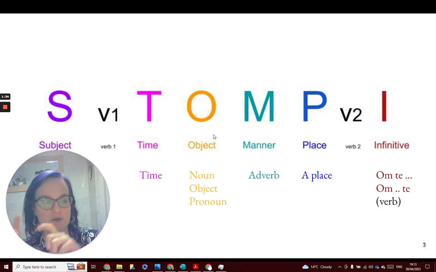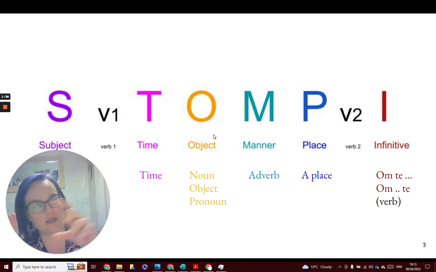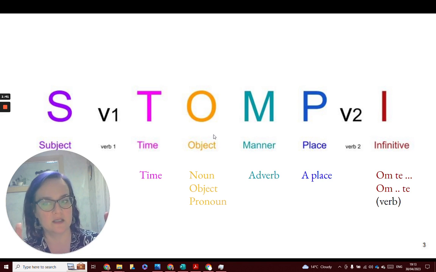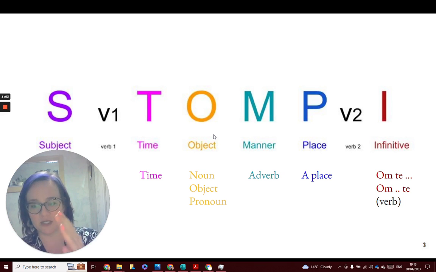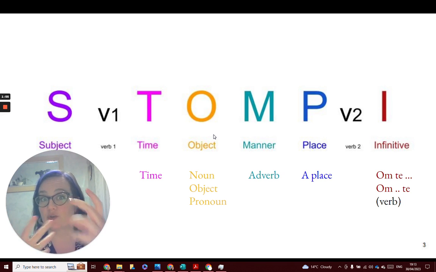And I want you to notice with STOMPi, every part of STOMPi doesn't mean just one word. It can mean a few words. Like subject, die kinders, could be 2 words, the children. Die groot kar, the big car, that could be 3 words. So it could be a subject, a person, or a thing, which could be a few words.